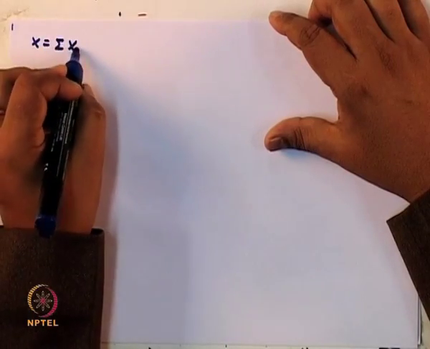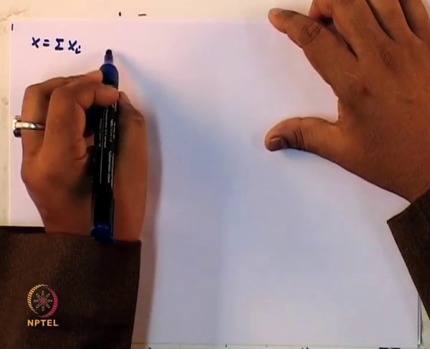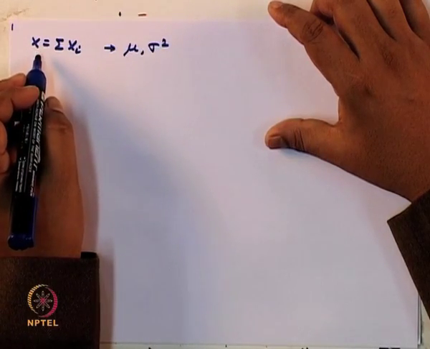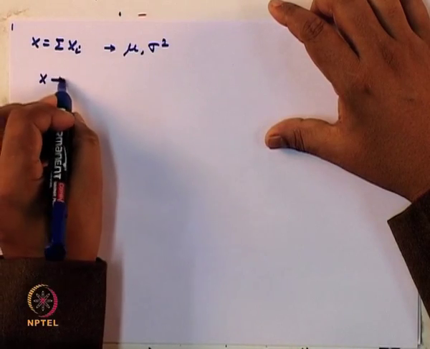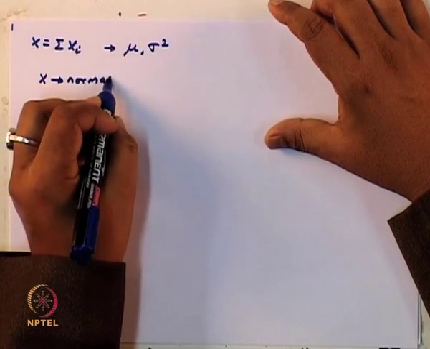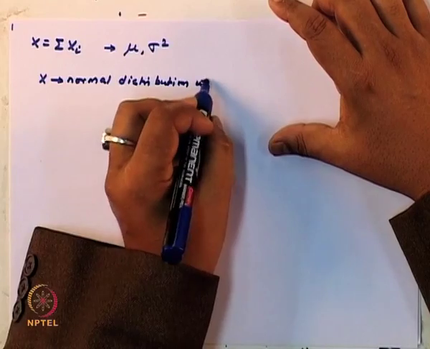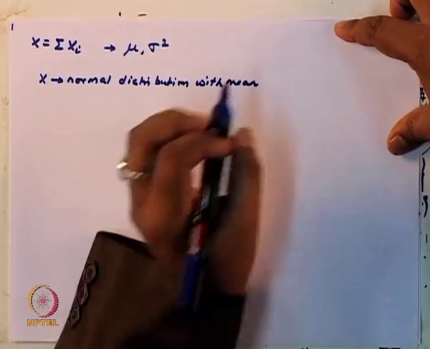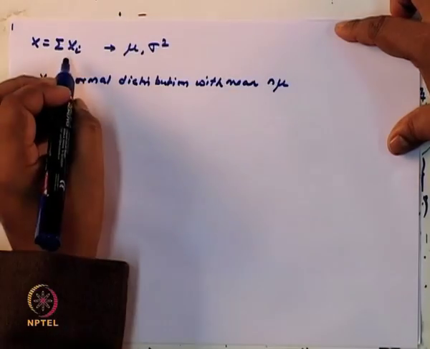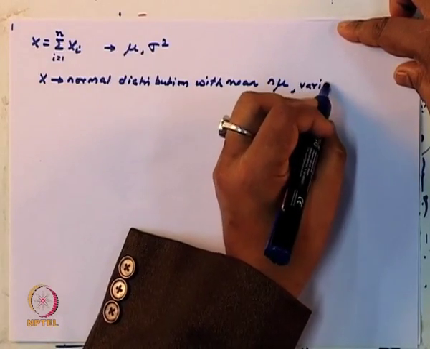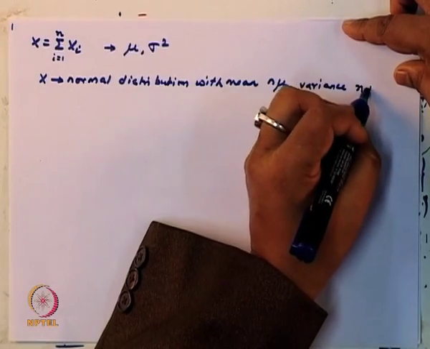Two things we discussed in the last class: if I define x as the summation of x_i, and each x_i has mean mu and variance sigma square, then x, the summation of x_i, will follow a normal distribution with mean n times mu, for n random variables, and variance n sigma square.